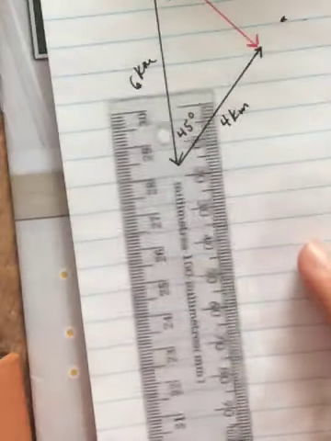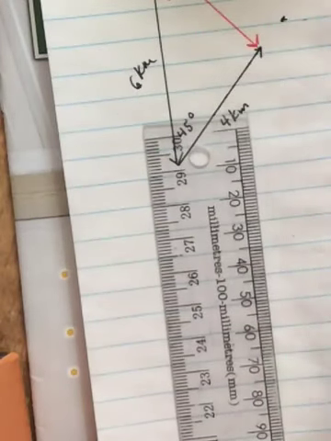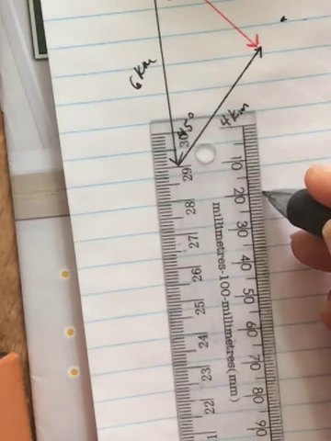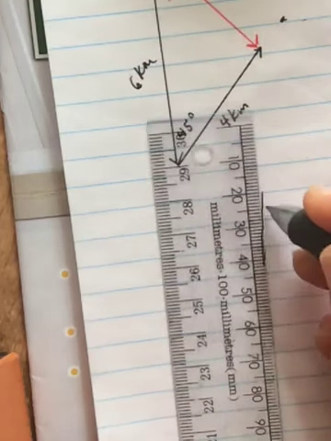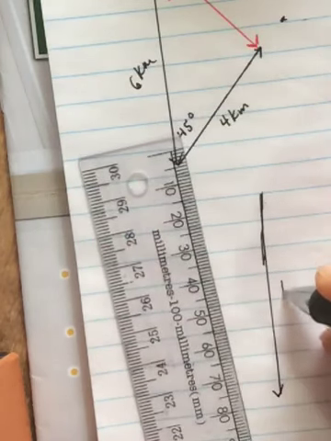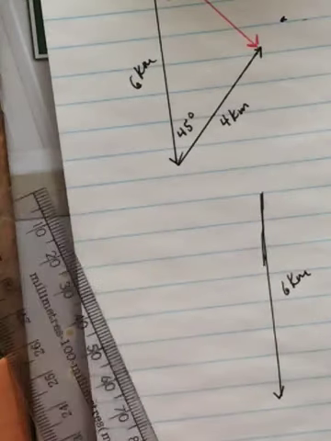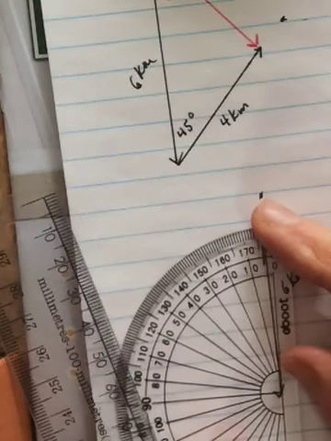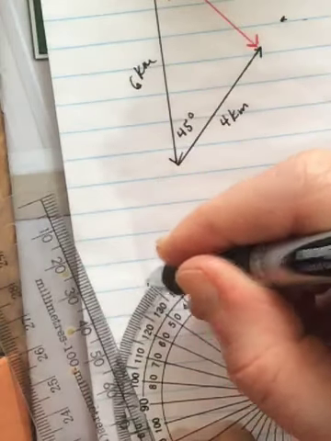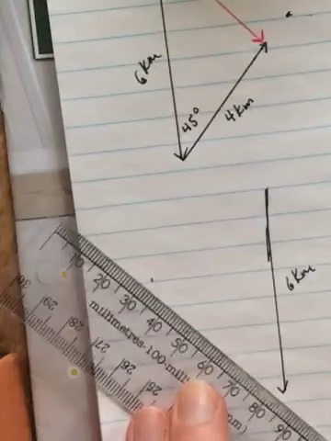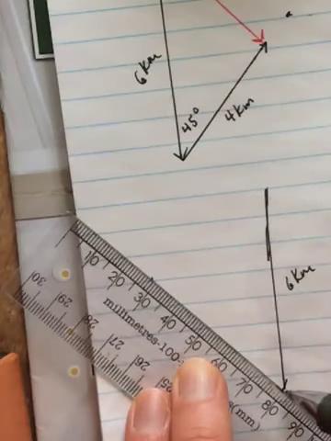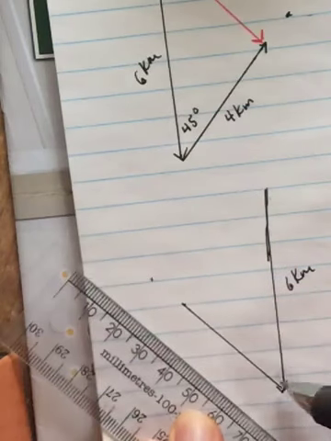Let me try that again. So this time, without moving your ruler, 6 kilometers south, and then do south 45 degrees west, not east. 45 would be over here, and do 4 kilometers right there.